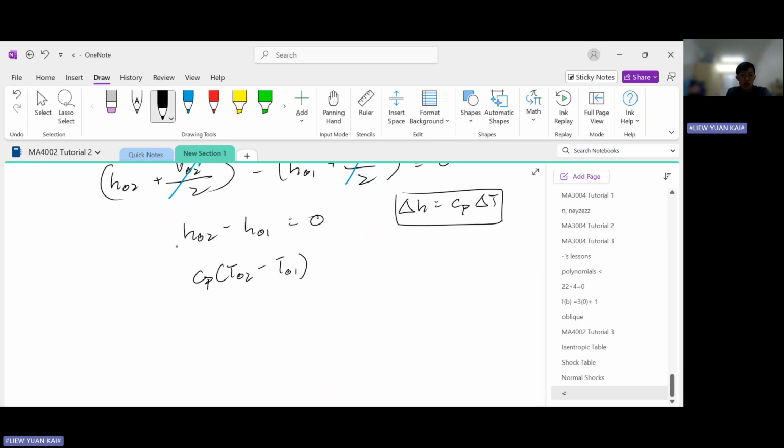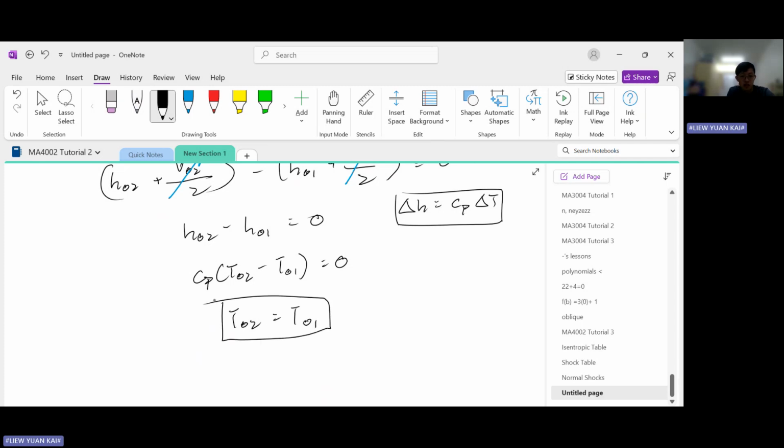So the change in enthalpy is given by Cp times the change in temperature. You can move Cp to the other side, and then you're left with T02 minus T01. If you bring T01 to the other side, you will end up with T02 is equal to T01.